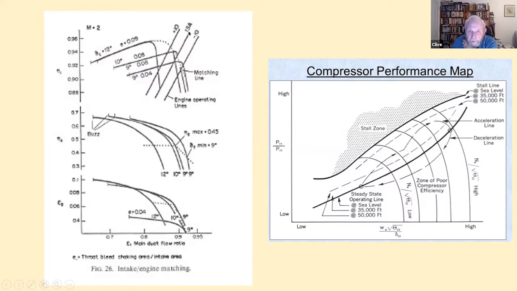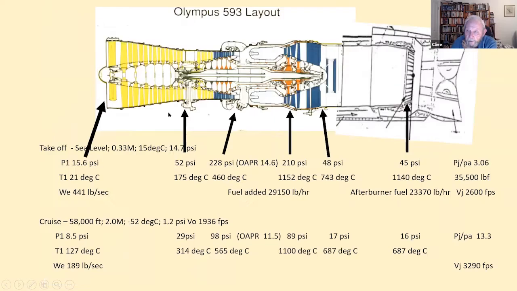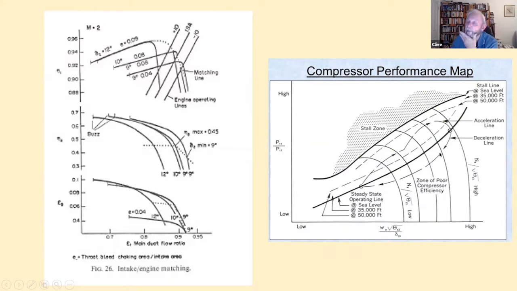So you get, in effect, a possible operating line at the given temperature, which varies like that. At the same time, if the temperature varies and the RPM is constant, then you will move along that line anyway, because the N over root theta has changed, and so you'll get different operating lines depending on the outside temperature. So the aircraft has to match those operating lines over a range of temperature.